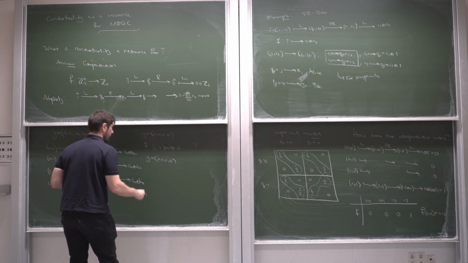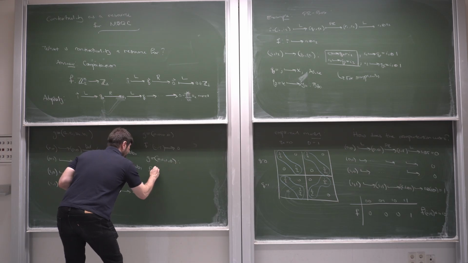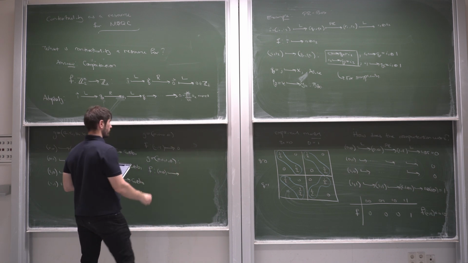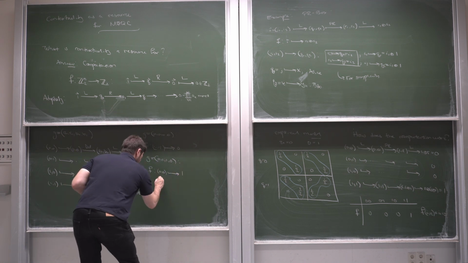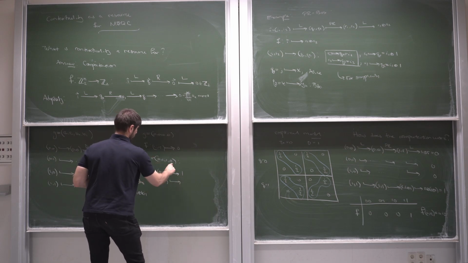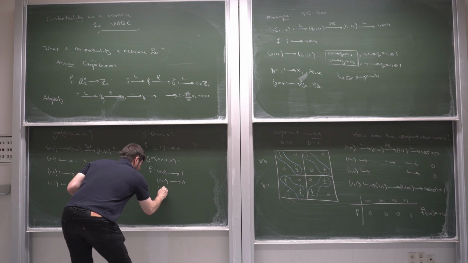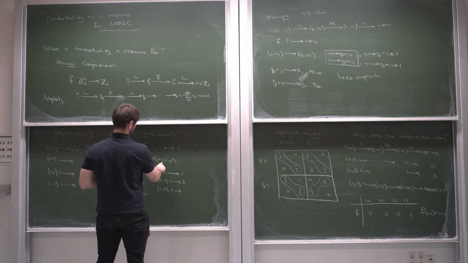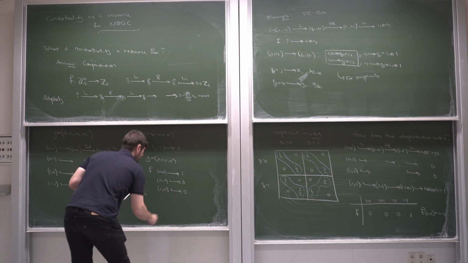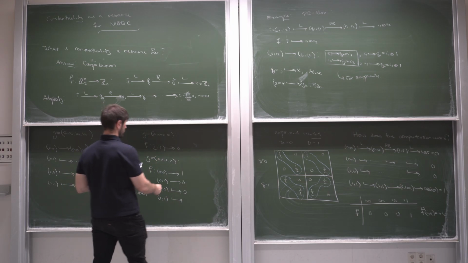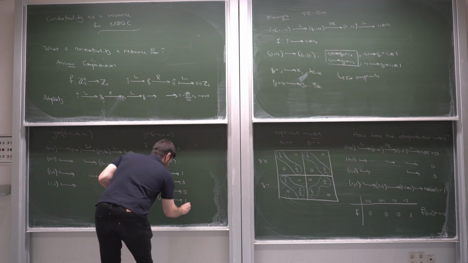What's going to happen here? Here you have f going to, well, you have 0, 0 going to 1. You have 0, 1 going to 0. 1, 0 going to 0. And 1, 1 goes to 1.